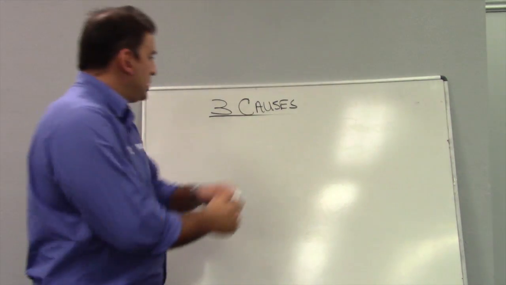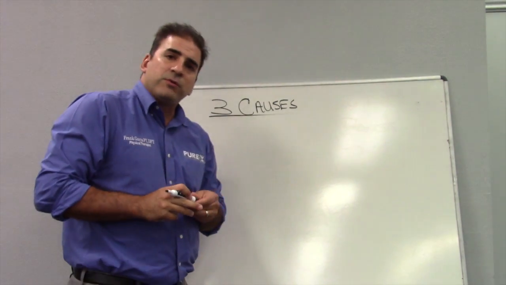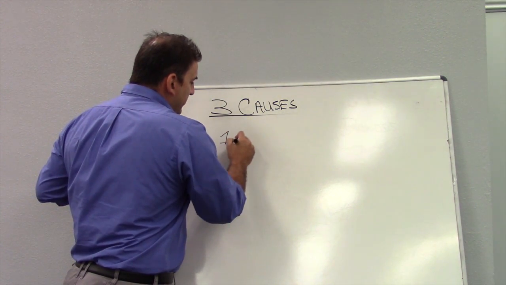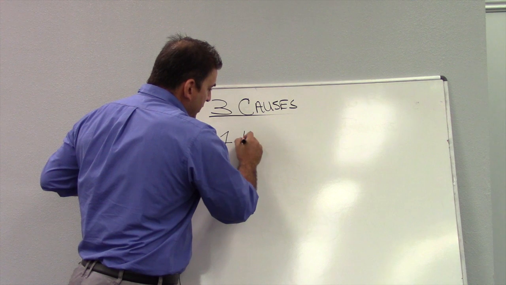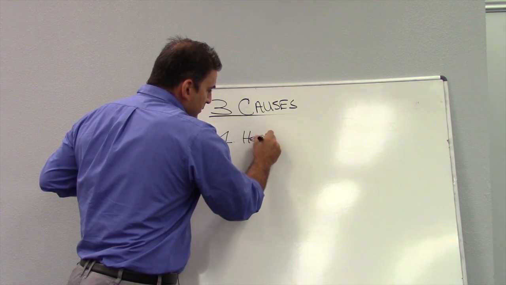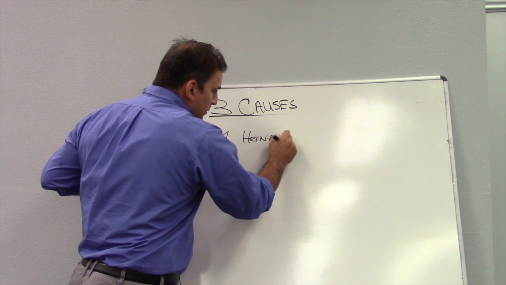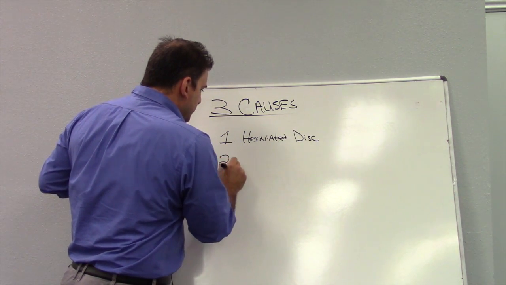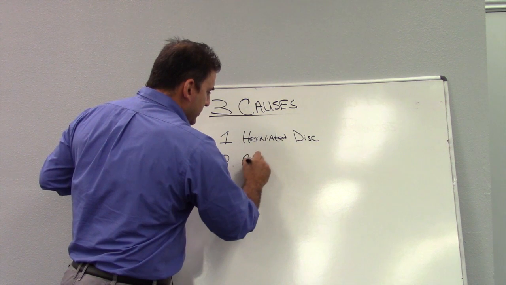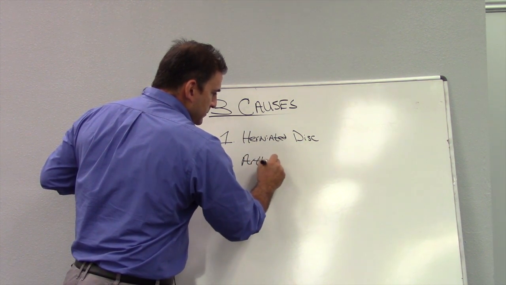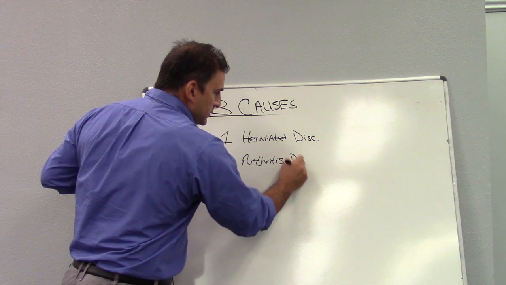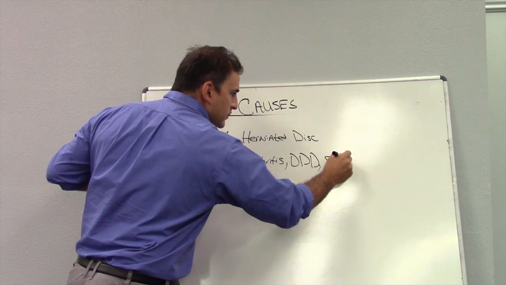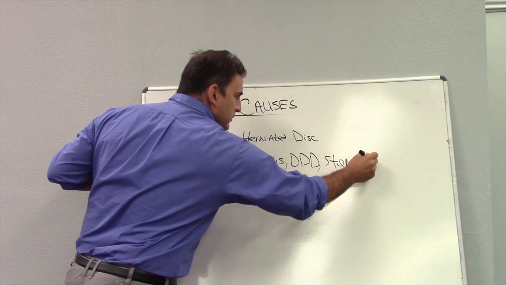So in conclusion here, I'm just going to wrap up what we talked about. So number one, common cause of low back pain or sciatica is a herniated disc. Okay, number two is arthritis, degenerative disc disease, and stenosis.